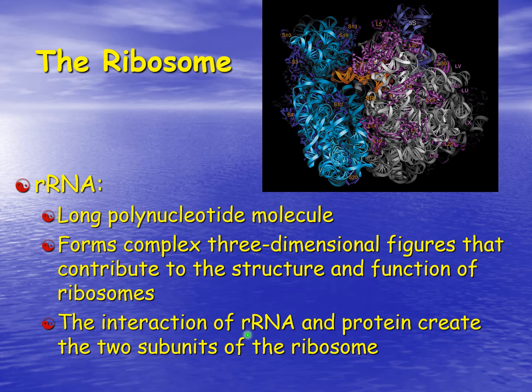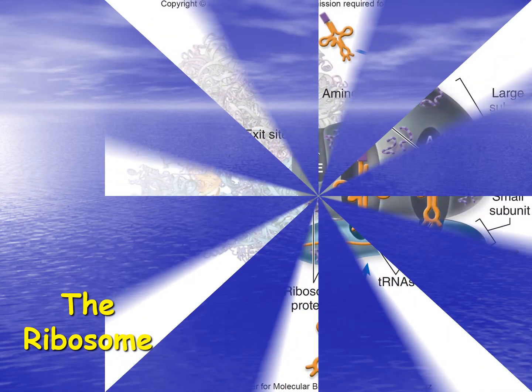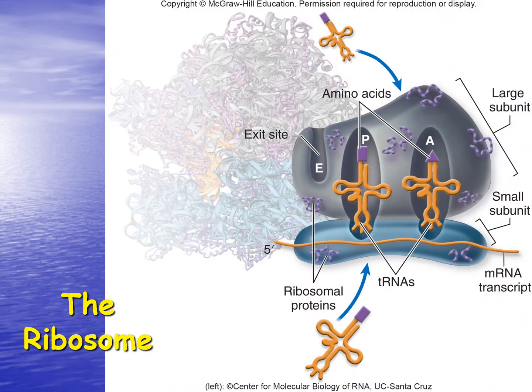It's the interaction of the ribosomal RNA and protein to create the two subunits of the ribosomes that come together. Once the two subunits come together, they actually will form 3 sites within the ribosomal complex. The A site is going to be where the amino acids come in.